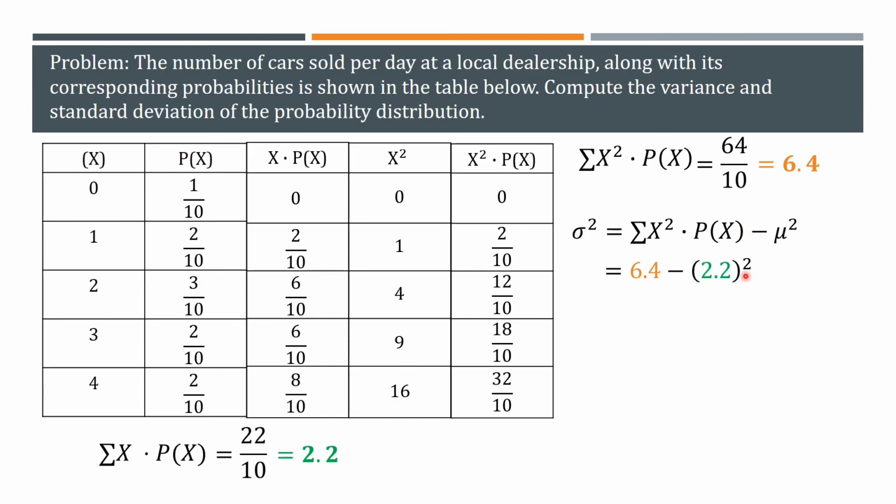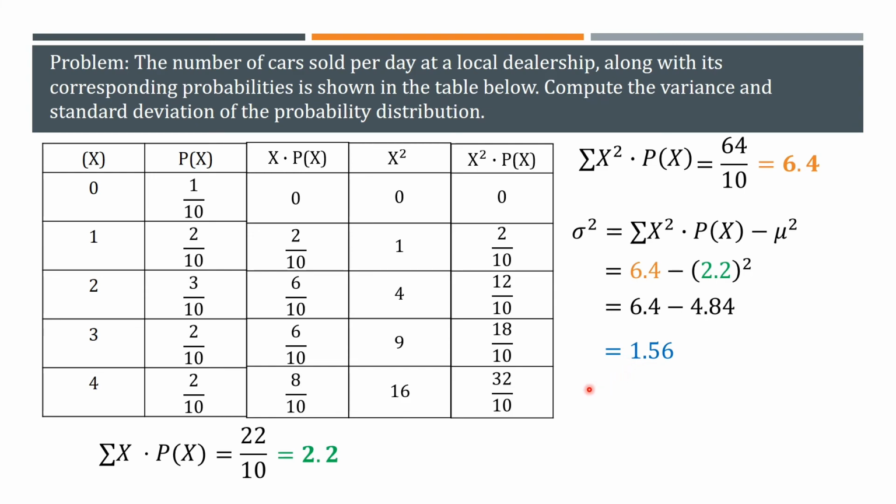Our mean is 2.2, and we need to square the mean. The square of our mean is 4.84. And to get the variance, we subtract 6.4 minus 4.84, and that gives us 1.56. So the variance is 1.56.